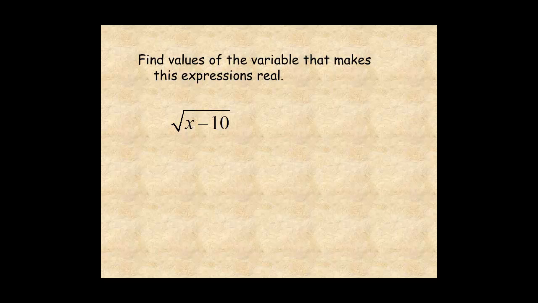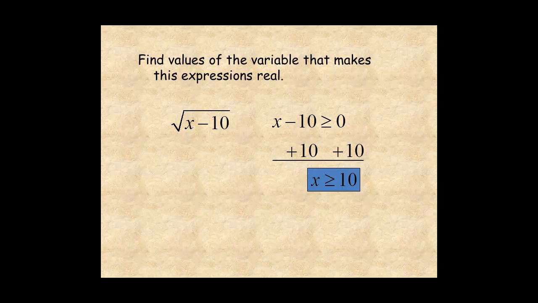Radical expressions are real when the radicand is greater than or equal to 0. So write and solve the inequality x minus 10 is greater than or equal to 0. You can solve this inequality by adding 10 to both sides. So the expression radical x minus 10 is real when x is greater than or equal to 10.